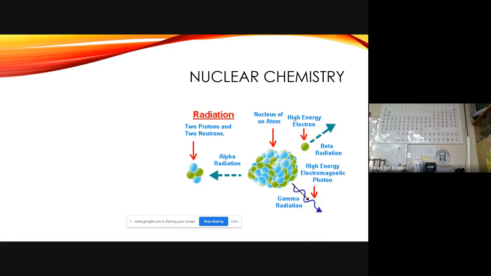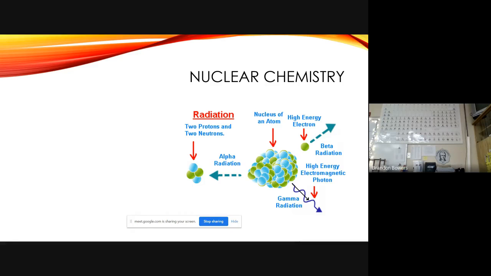Okay? Now, when we're talking about this entire chapter, it's all about the nucleus. We learned there's three things in an atom. What are those three subatomic particles? Protons, neutrons, beautiful.